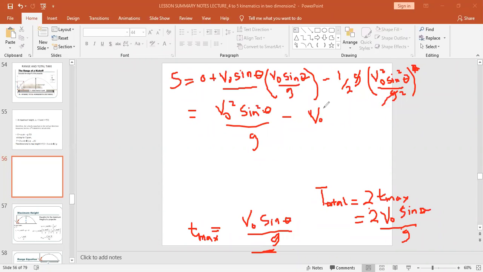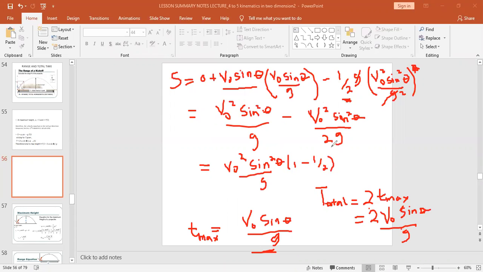V naught squared sine squared theta over 2, there's a half here, so over 2G. By simplifying this, we can get V naught squared sine squared theta over G, into bracket 1 minus half by factorization.